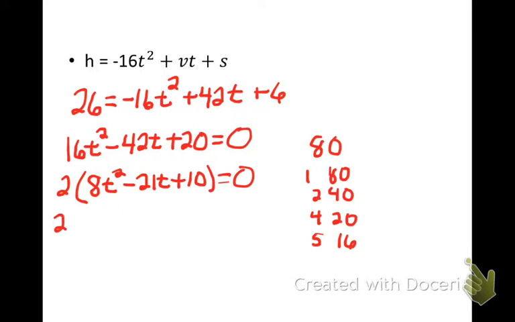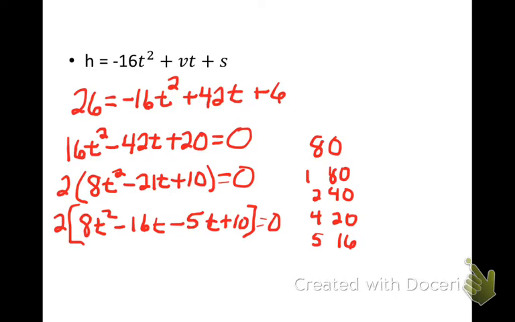So again, I'm going to keep my 2 out here in front. And it's going to be 8t squared. They're both negative, so minus 16t minus 5t plus 10 equals 0. So if I group them as they are, make this plus negative, what do I have in common here?